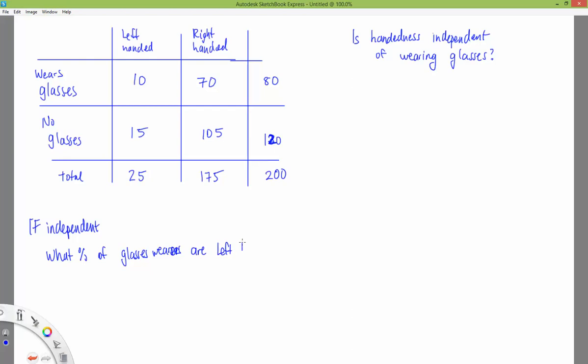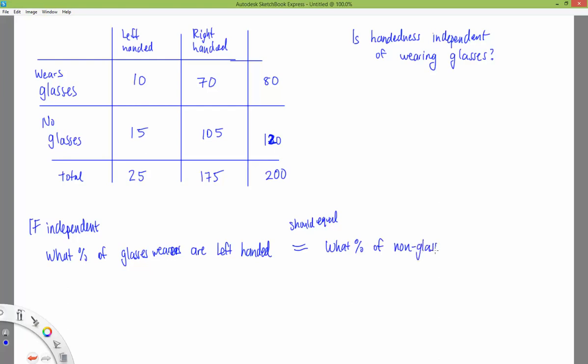This should equal what percentage of non-glasses wearers are left-handed.